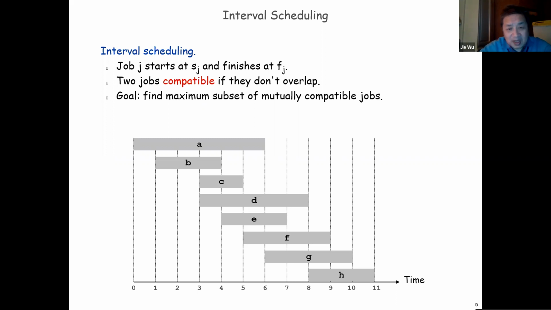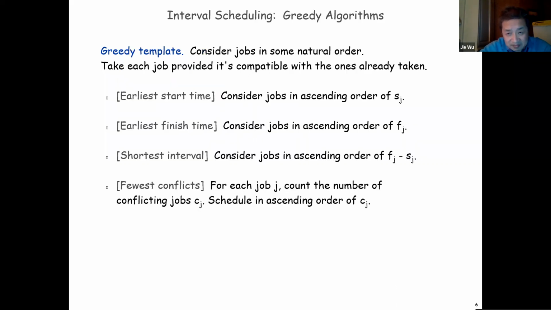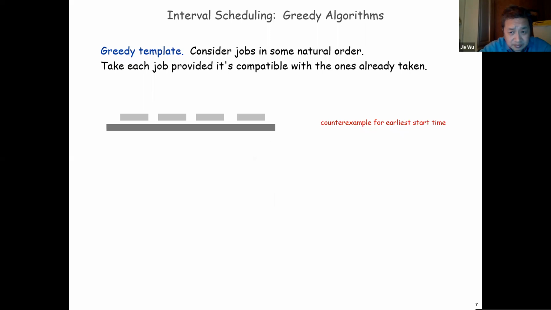So maybe this number plays some role. So you will think, right? For each job, count the number of conflicts, and schedule in ascending order of conflicts, for example. To see if any of this works, what you can do is come up with some example, maybe an extreme case, but your objective, remember, is to find the optimal result.